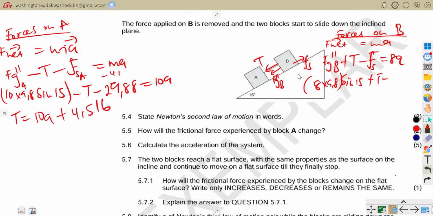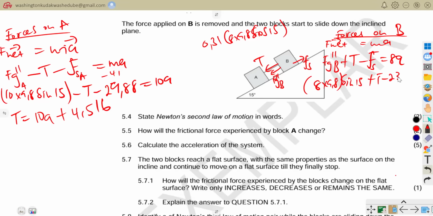The frictional force, we said, is 0.31 times 8 times 9.8 cos 15. That will give you a value, because I just need that value. If I say 0.31 times 9.8 times 8 cos 15, that is going to give me 23.42.